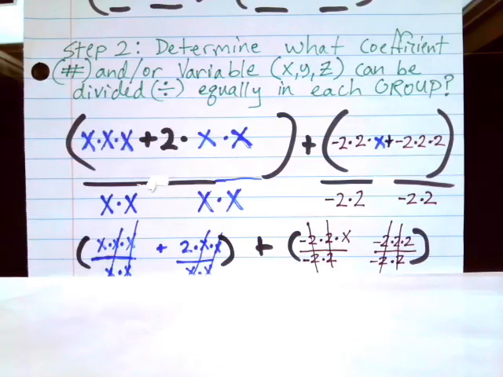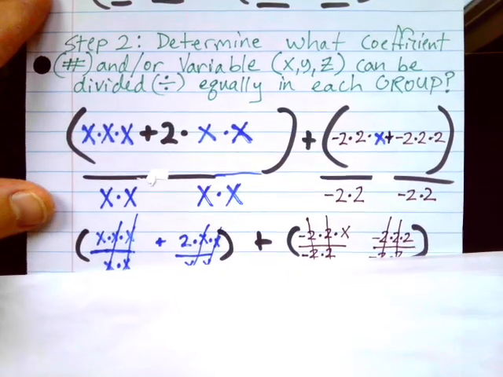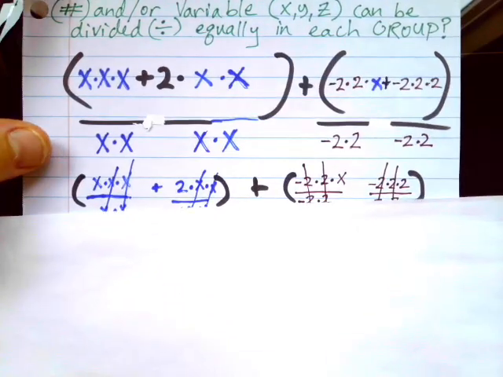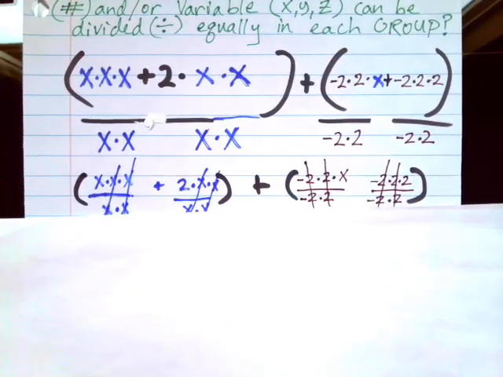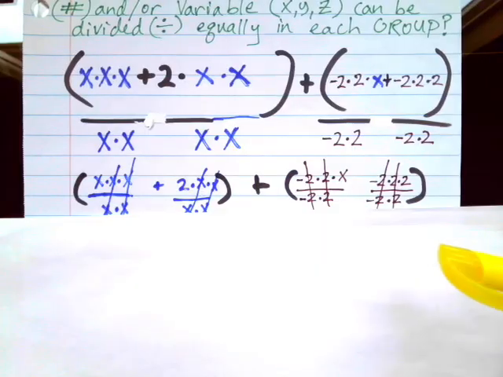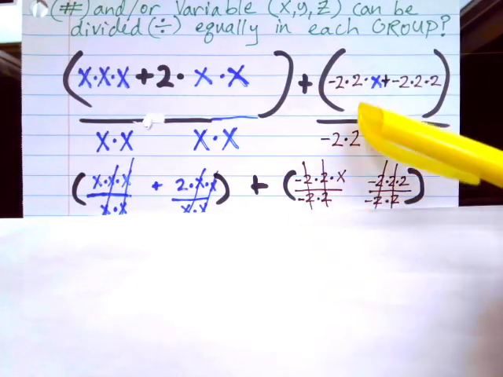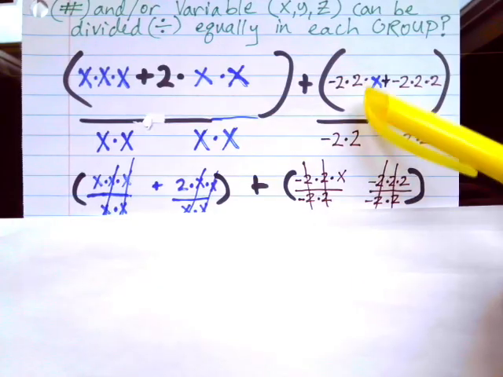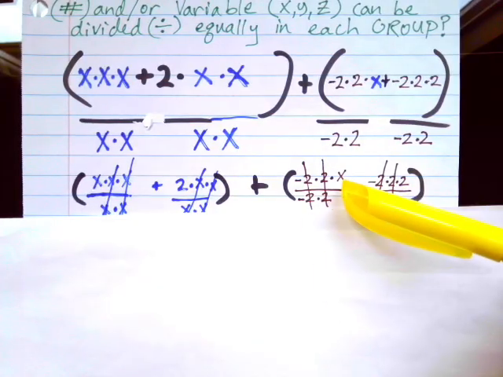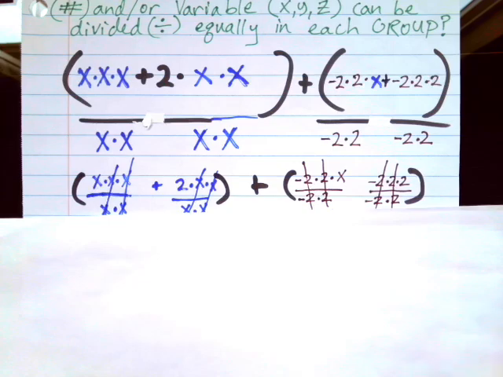Moving forward, I'm using expanded form to just eliminate values that will simplify to 1, right? And so here I'm just showing you 2 divided by 2 is 1. 2 divided by 2 is 1 times x. I'm left with an x, right?